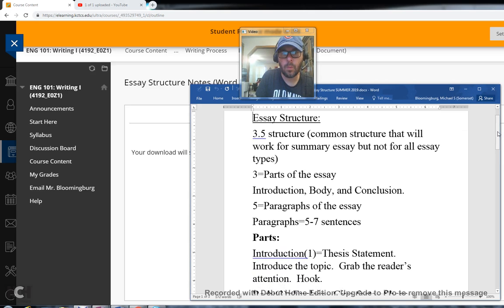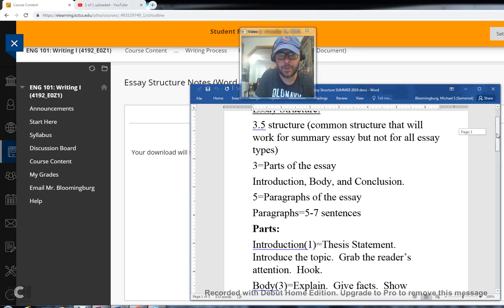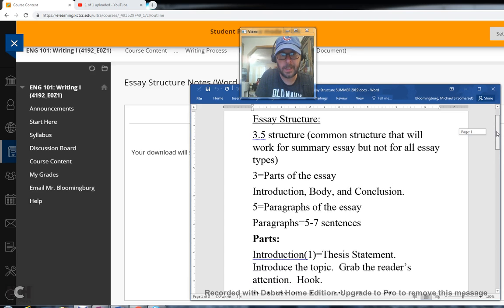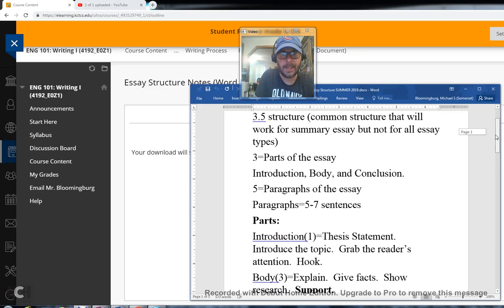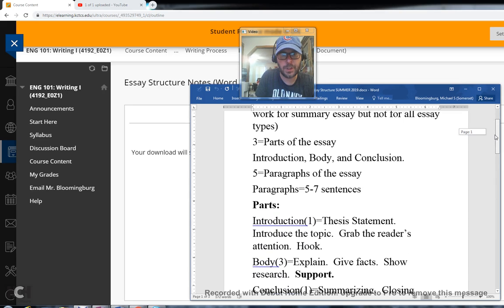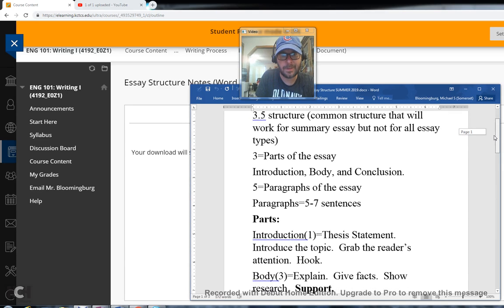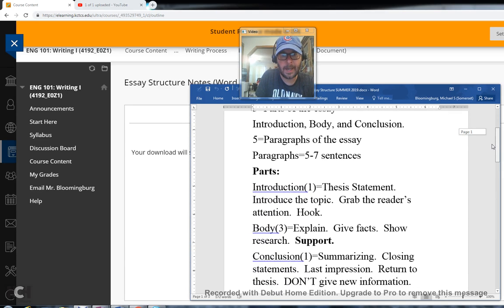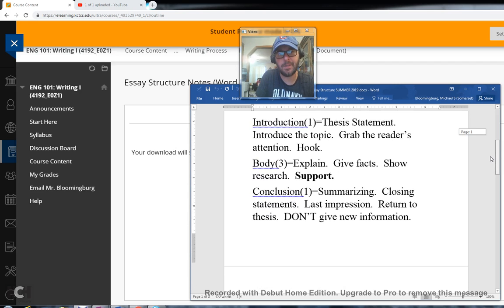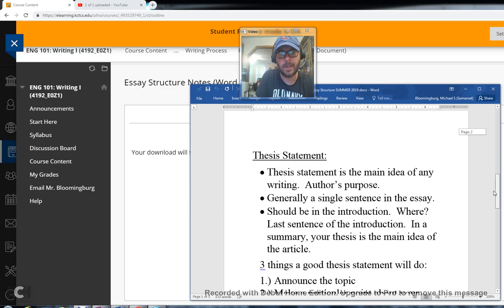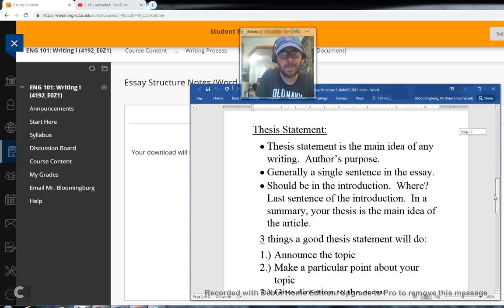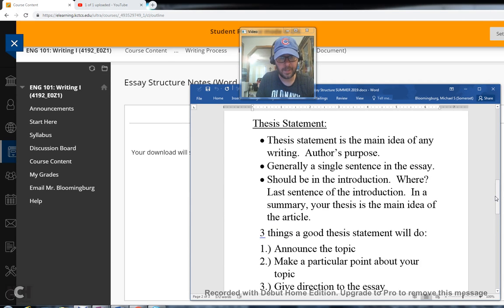Okay, now not all the essays I'm going to ask you to write will be 3.5 structure, but since the first essay can work just fine that way, I did include some notes on that, which just means the 3 is for the parts and the 5 is for the paragraphs, and I give you as much information as I can about each one of those areas, and some information about thesis statements, since each essay that you're going to have to write in the course does correspond with a thesis.